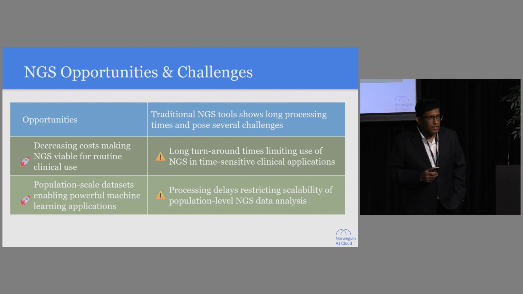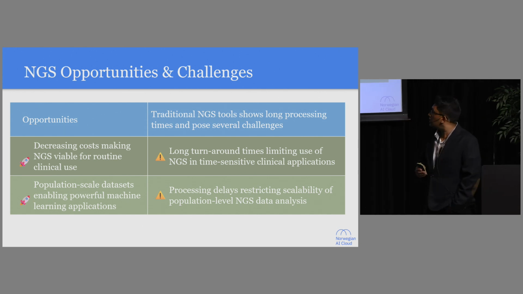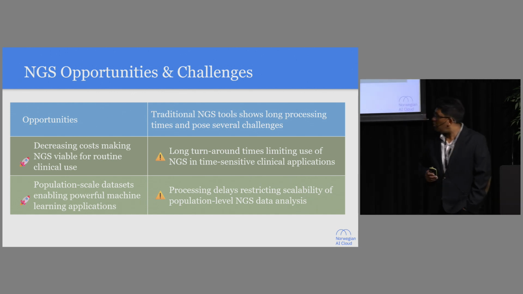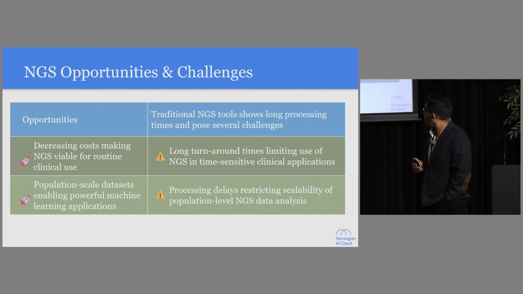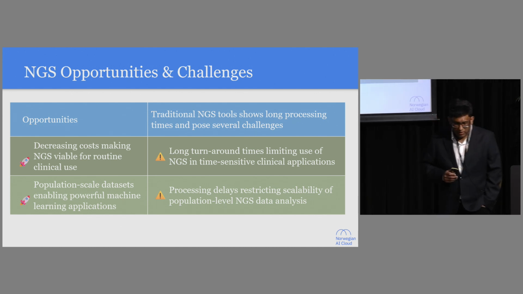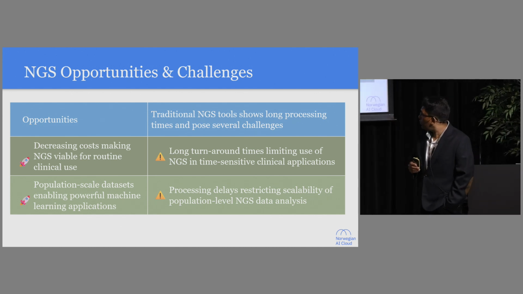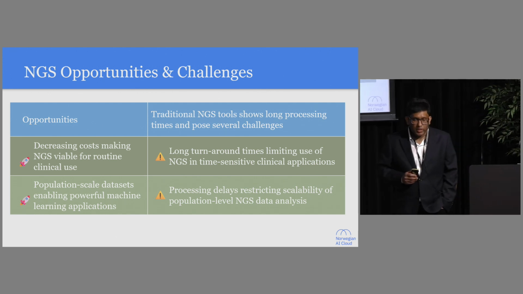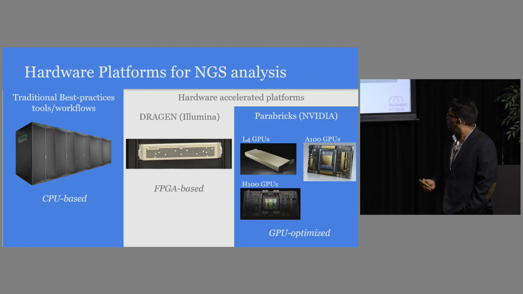The traditional NGS tools show long processing hours, and this poses a limitation. For example, long turnaround times limit the use of NGS in time-sensitive clinical applications. Also, processing delays can restrict the scalability of population-level NGS analysis.